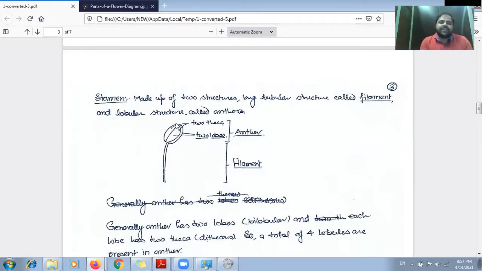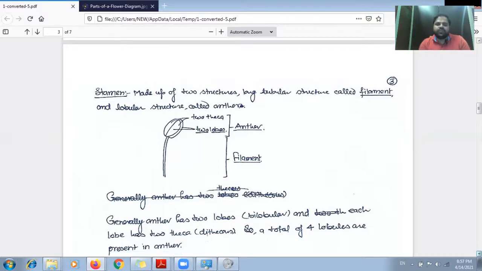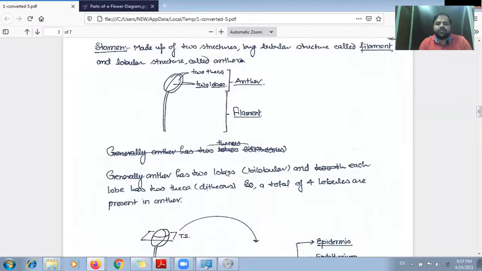So generally the term used to classify these kinds of stamens is bilobed and dithecous. Anther has two lobes, so it is bilobular, and each lobe has two theca, so it is called dithecous. So a total of four lobules are there in an anther.